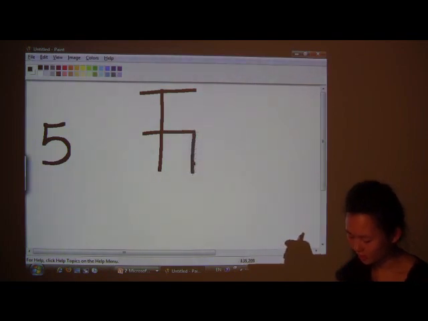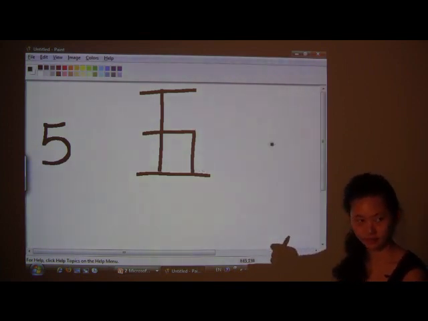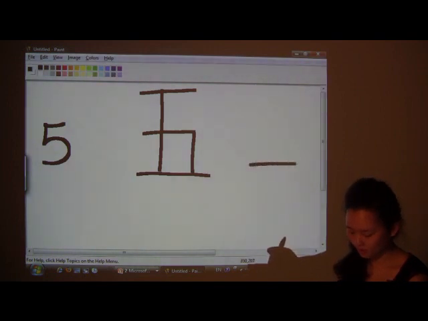Top to bottom. Go straight down, and this stroke is 1 stroke. And then you close off the bottom. Once again. Horizontal, vertical, 1 stroke, don't lift your pen, and then fill in the bottom, just like so.